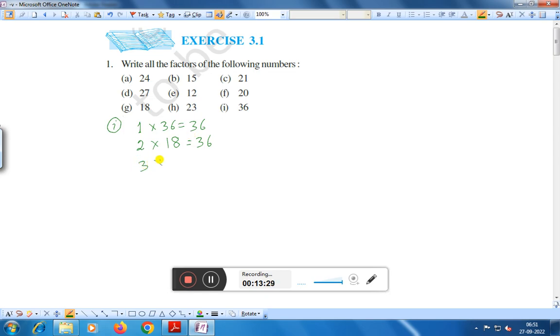With 3, 3 into 12 is 36. 4 into 9 is 36. We cannot get it in the table of 5.